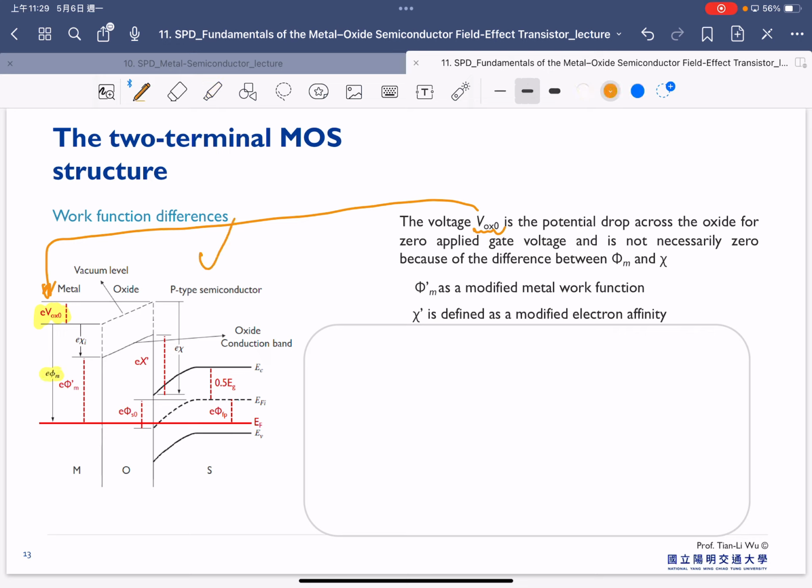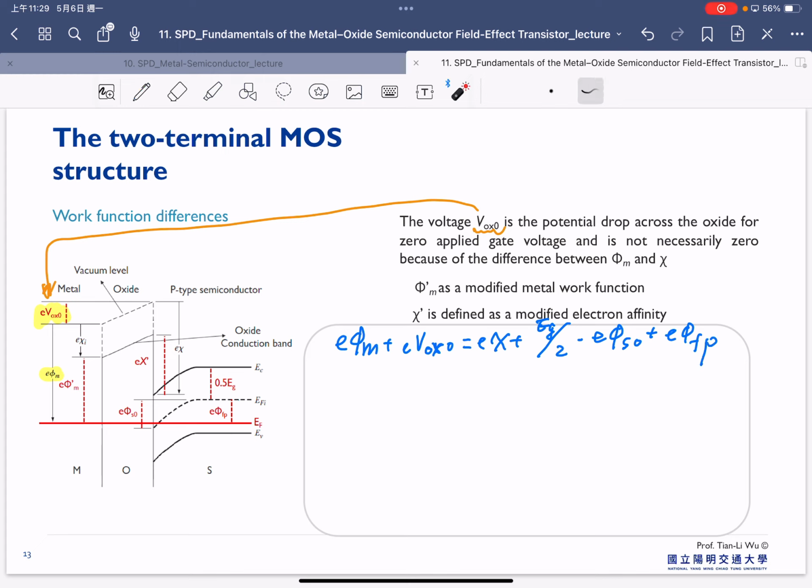So based on this band diagram, we can have the following correlation: E phi m plus this one plus this one is equal to the electron affinity plus half of the band gap, but we also have to subtract this one and add this one.